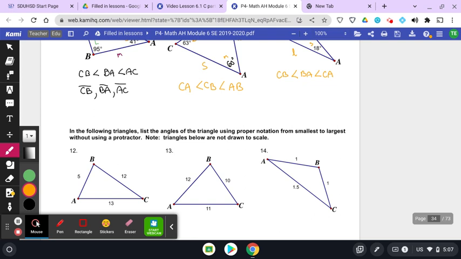In the following triangles, list the angles of the triangle using proper notation from smallest to largest without using a protractor. Note, the triangles are not drawn to scale. All right, so I still just have to go, okay, 13 is the largest, 12 is the medium, 5 is the smallest. So I'm going for the angles across.